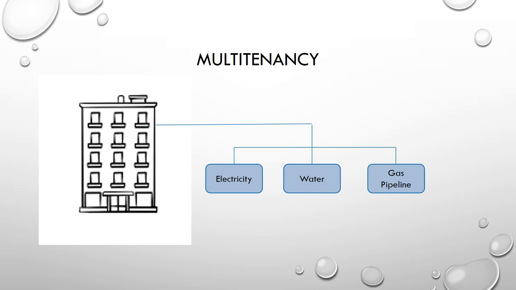Similarly, the tenants in our VRA automation environment are also logically separated and isolated from each other while still sharing the same infrastructure. They are billed for the resources that they consume, just like the tenants in an apartment building are billed for the resources that they consume over the electricity and the water and the gas pipeline. And the tenants are not responsible for maintaining the infrastructure.